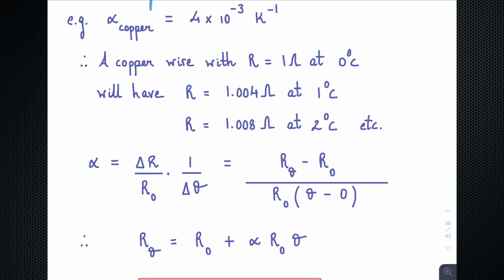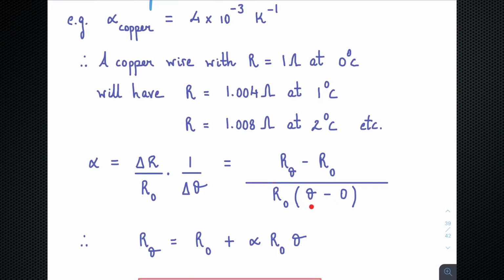The equation can be rearranged further, since the change in resistance can be expressed as R theta minus R naught, meaning the resistance at a temperature theta less the resistance at 0 degrees. Then in the denominator we have R naught, which is the resistance at 0 degrees, and delta theta is the particular temperature theta less 0.